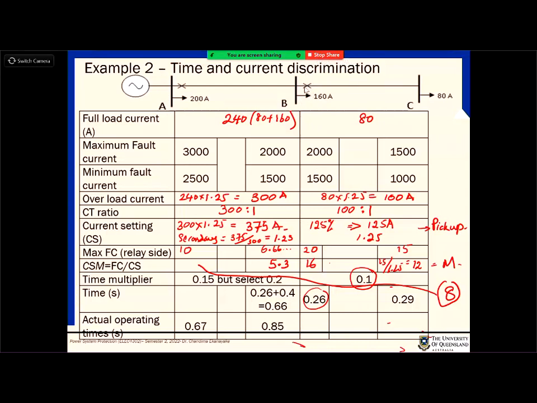The relay here operates at 0.26, but relay A should operate for the same fault at 0.66 seconds. Why? If you go back and look at the notes, it clearly says that the grading margin was assumed as 0.4 seconds, so the operating time of that relay should be 0.4 seconds more. That's why it has become 0.66 seconds.